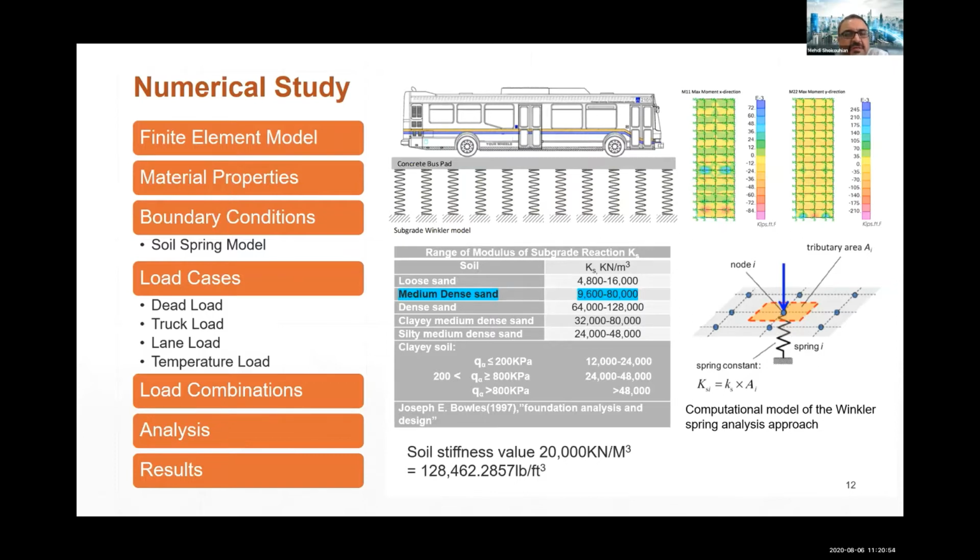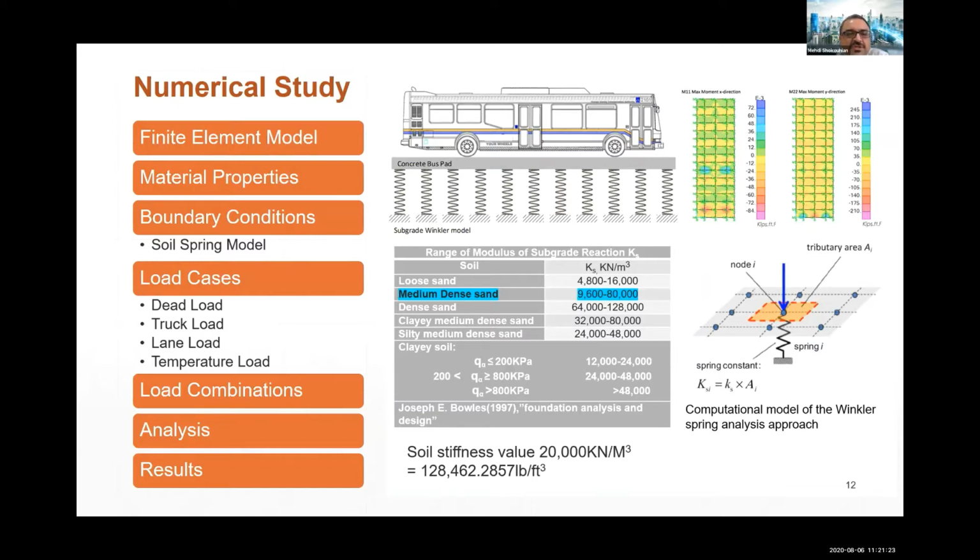The element type that we use was shell elements to model the slab. The material properties are based on the existing design of the bus pad in Baltimore.